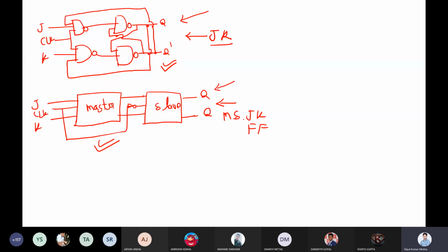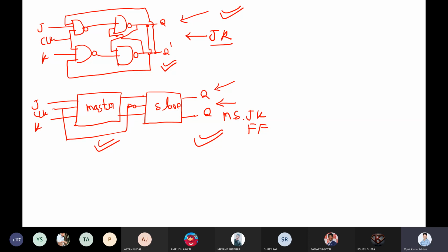Is there any doubt on this, anyone? Guys, any confusion at this moment? No, sir. Right. So whenever you see a question in the exam, just saying JK flip-flop means you are referring to the first one, and when we say master slave JK flip-flop, we will refer to this one.